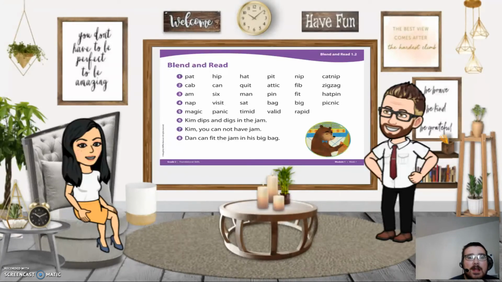All right, and now I want you to read line 4 in a high voice. Nap, visit, sat, bag, big, picnic. All right, read it again in your head, silently. All right, and then line 5, I want you to read in a low voice. In a low voice.